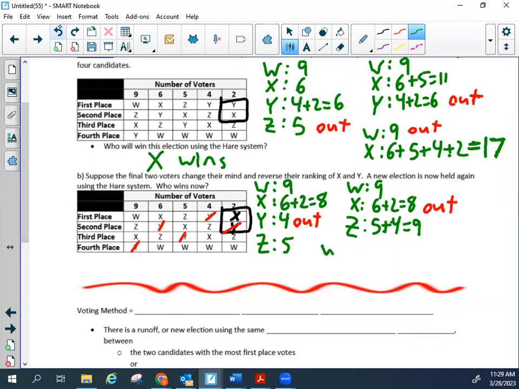So now I have W and Z just to finish this out. W ends up with, we cross out our X's. And so W is left with 9 votes.